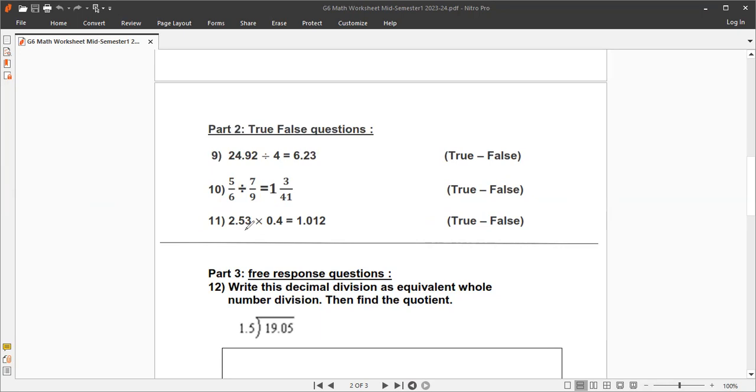Next question, 2.53 multiplied by 0.4. How do I multiply decimals? Multiply the numbers without the point. 253. I ignore the point. 0.4, if you ignore the point, it's 4.